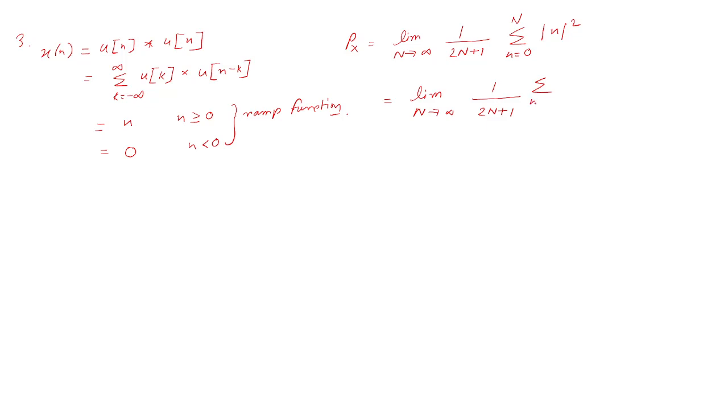We can write it as n equal to 1 up to capital N of n squared. The formula can be written as N times N plus 1 times 2N plus 1 by 6, over 2N plus 1. So it turns out to be infinity.